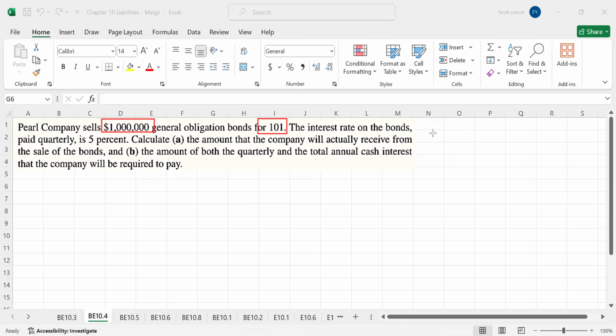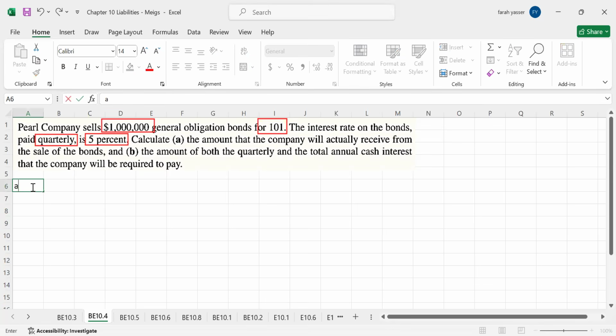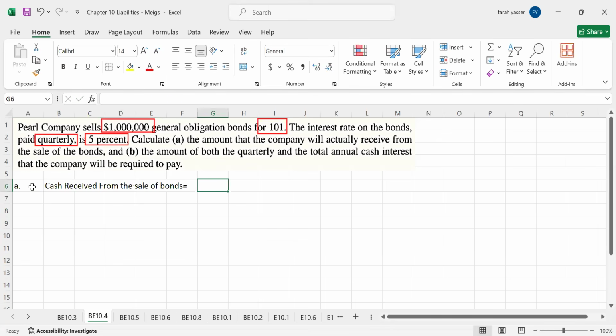The interest on bonds is paid quarterly, at a 5% interest rate. So first of all, what is required? Actually, cash received from the sale of bonds. So requirement A is cash received from the sale of bonds.